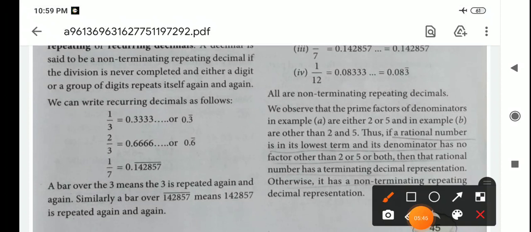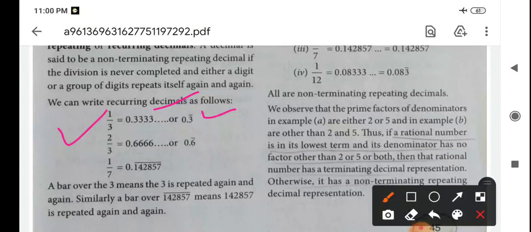So these are non-terminating decimals. We can write recurring decimals like this: 1 by 3 equal to 0.333, we write like this, or we can write 0.3 bar. This bar means this 3 is repeated many times. Here also 2 by 3 equal to 0.666.